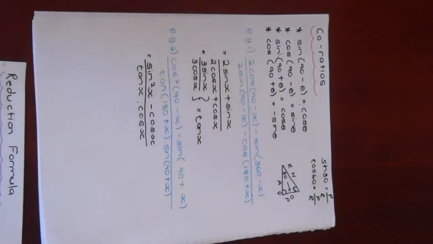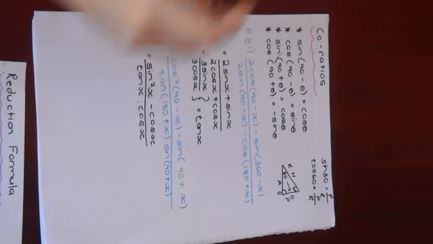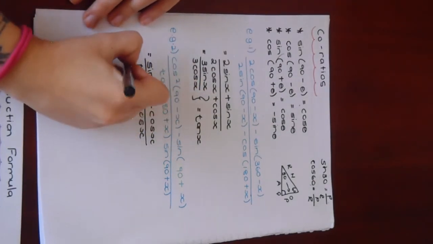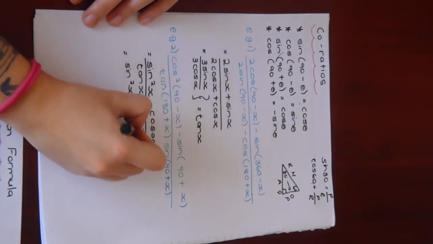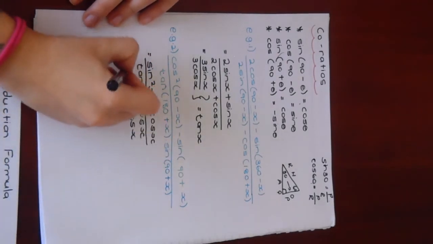Cos x. Okay, so learning curve, because I'm looking at this and thinking I could simplify this, but I'm trying to decide how. I know the bottom we can do. So sine squared x times minus cos x, okay, all over tan x times cos x.